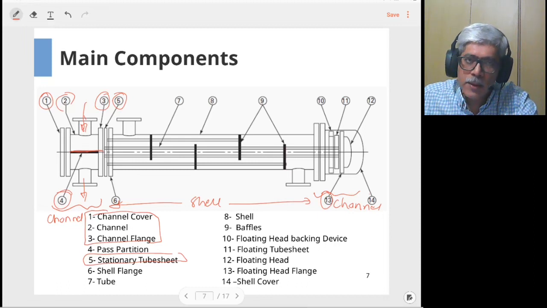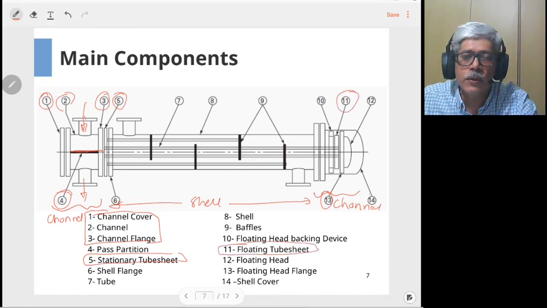In this particular figure, on the other side, you have what is known as a floating tube sheet. This type of design is used where the thermal expansion of the tube bundle necessitates that the tube sheet be allowed to have movement. So in this case, floating tube sheets are used. In many heat exchangers, commonly you will find both sides with stationary tube sheets, fixed to the channels and shells on either side.